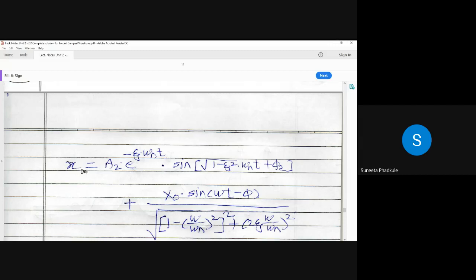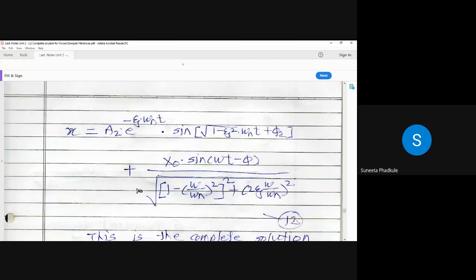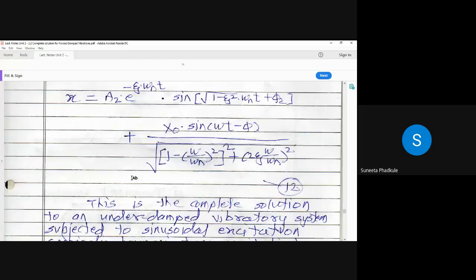X is equal to A2 e raised to minus zeta omega n t into sine (square root of 1 minus zeta square, omega n t plus phi 2). So Xc plus Xp. What is Xp? X0 into sine (omega t minus phi) upon the square root of (1 minus (omega upon omega n) square) whole square, plus (2 zeta omega upon omega n) square.